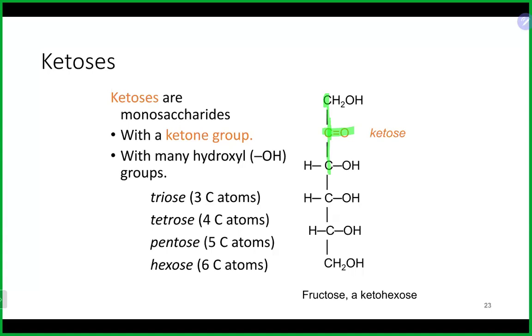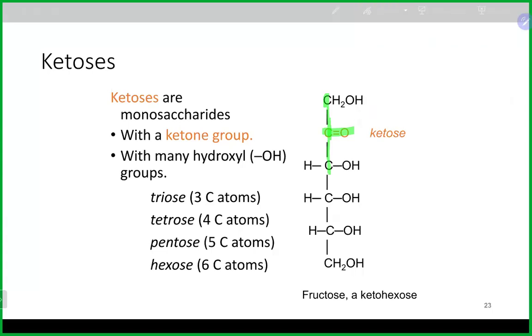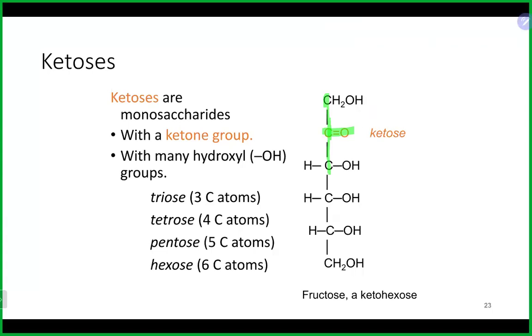Unlike our aldehyde group, where the carbonyl carbon is up on top, here the carbon-oxygen double bond is at carbon number 2, and this would be 3, 4, 5, and 6.